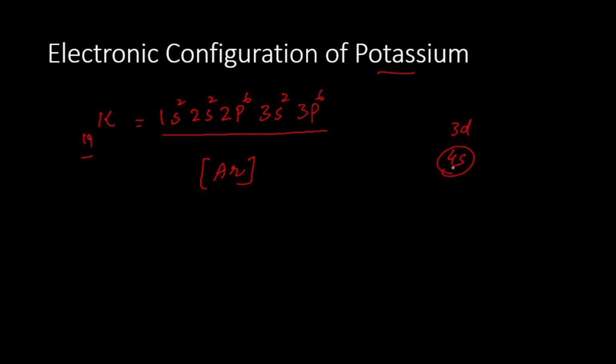This is the first subshell of the fourth shell, and this is the last subshell of the third shell, that is 3d. But the energy of the 3d is higher as compared to the 4s. So our electrons will prefer to go to the 4s subshell, whose energy is lower as compared to the 3d subshell. So here 4s1. This is the electronic configuration of potassium, or you may write argon 4s1.